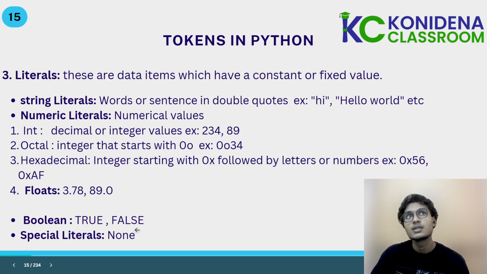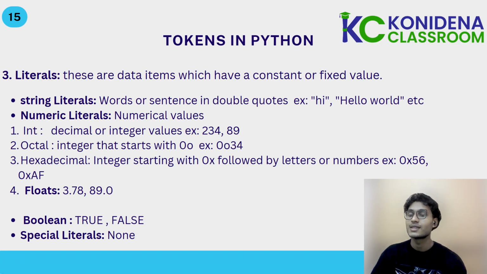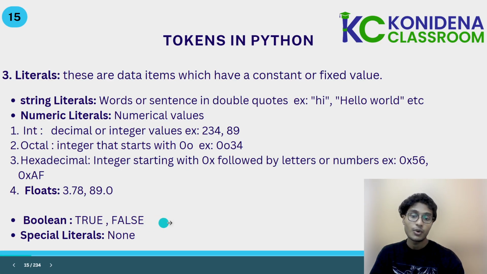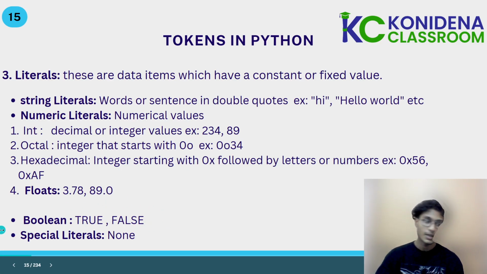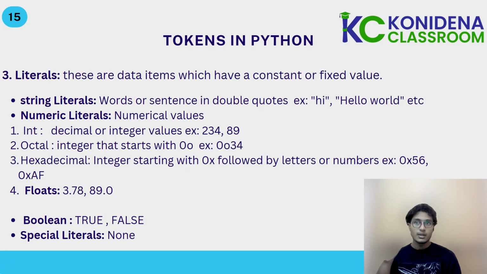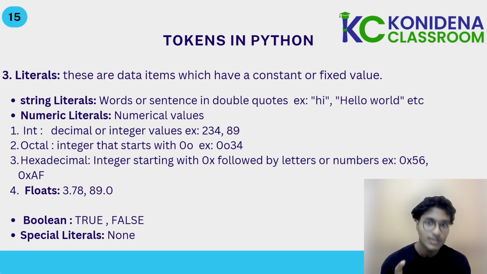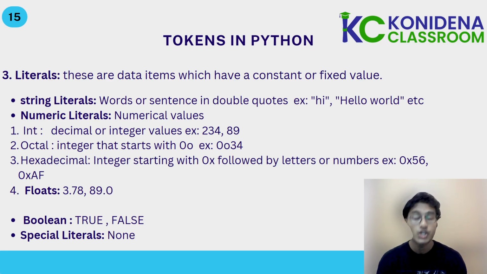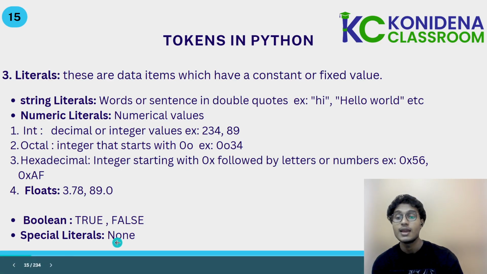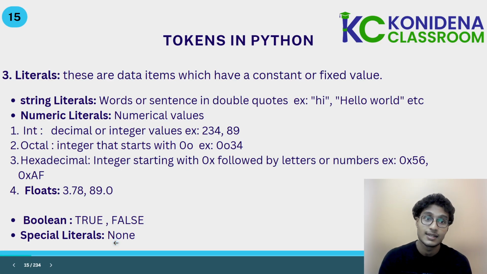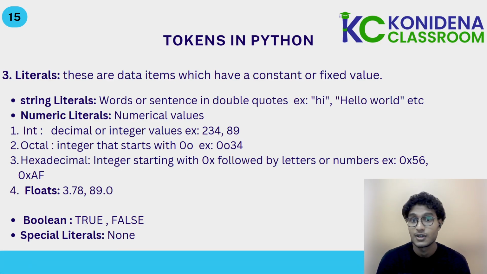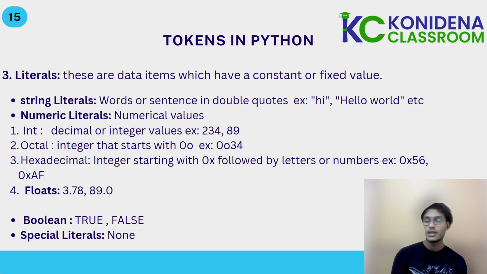True and False are literals, and we also call that a Boolean. Guys, this is highly important, don't forget. Boolean means True, False. And there is one last thing in literals, the special literal called None. So these are the overall literals that exist.